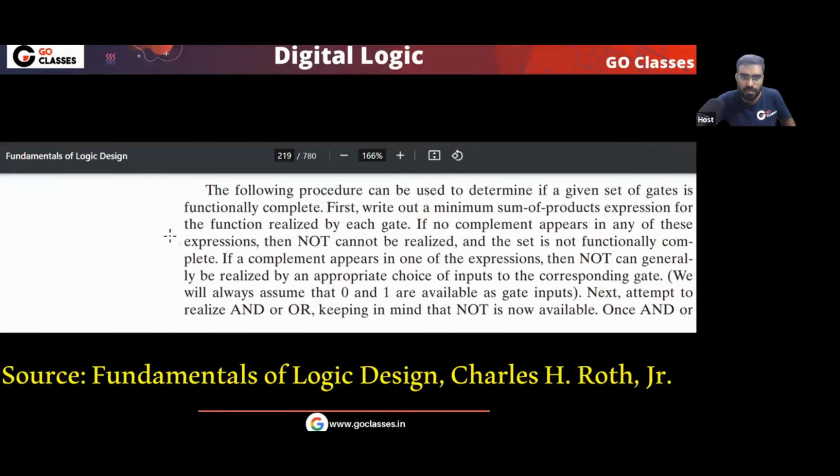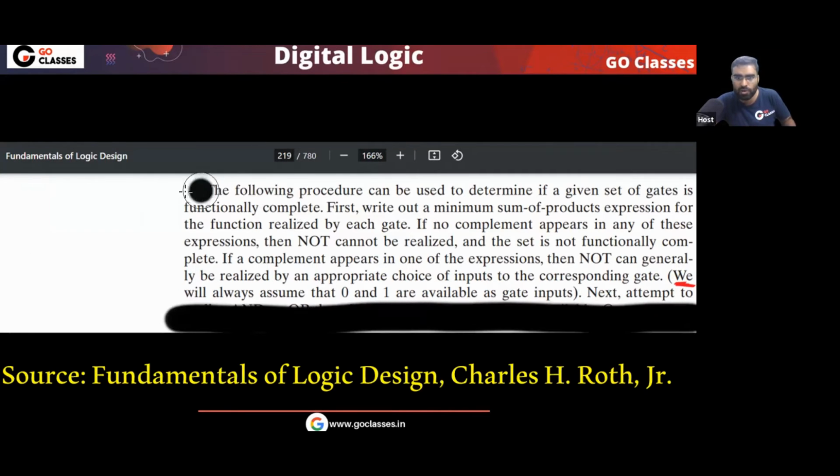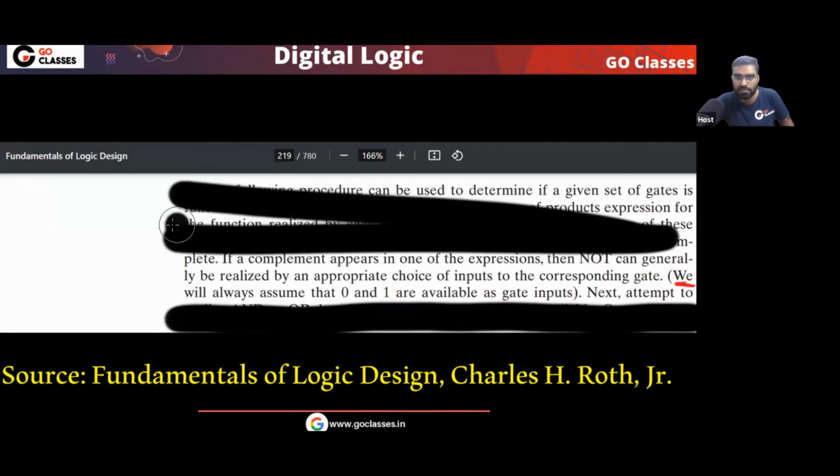You can see here, notice it is given like this: we will always assume that 0, 1 are available as gate inputs. Is this clear? Forget about the other things, just read this line.